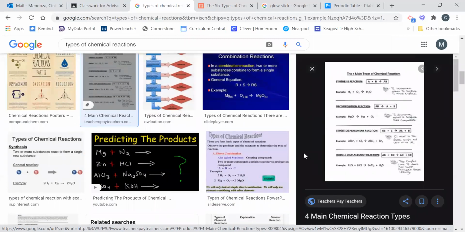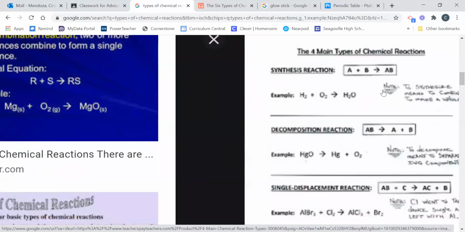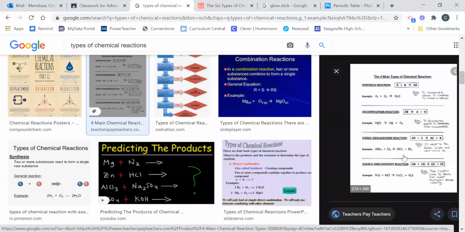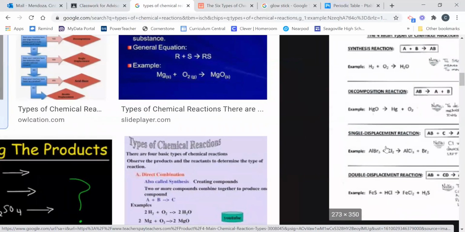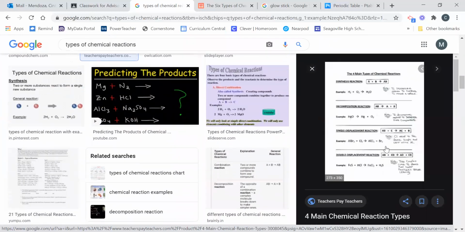If you know that decomposition means breaking down, then the best answer I would pick would be decomposition. If I see something that's being added together, they're bonded, they were separate but now they're together, then it will be synthesis. If I see something that's being replaced by another thing, then I will pick single displacement.